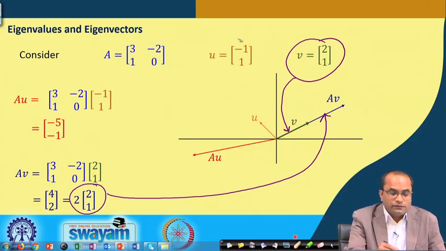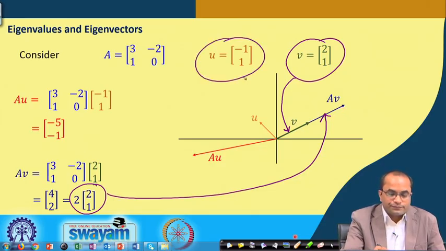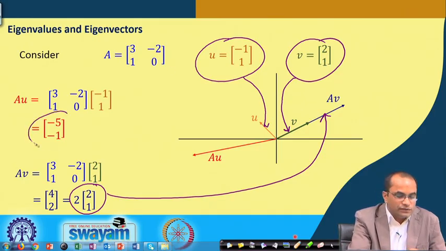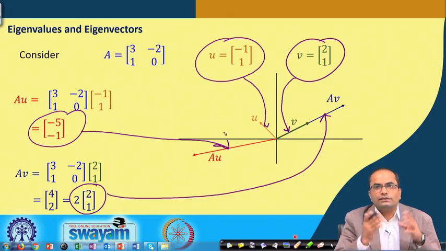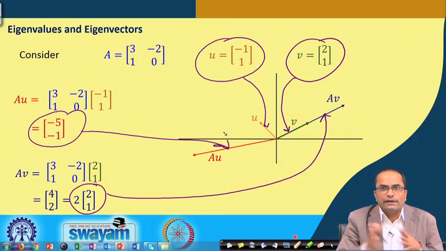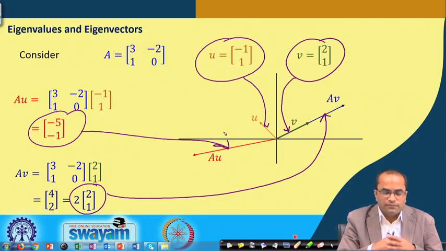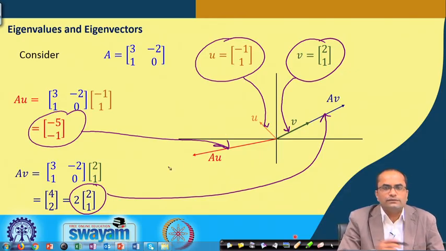But in the case of the vector u, A times u has become this one. So, we do not have such a relation that after multiplication the vector direction remains the same. We have a completely different vector now, A u.